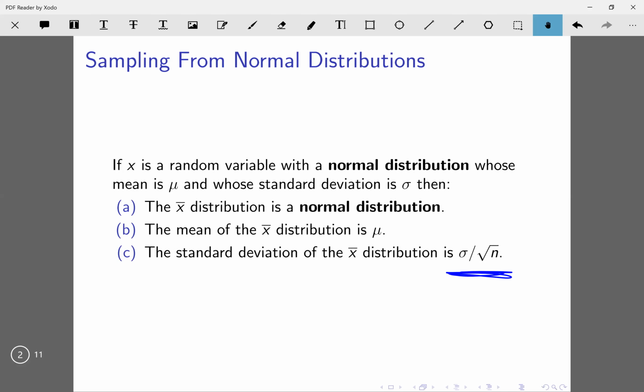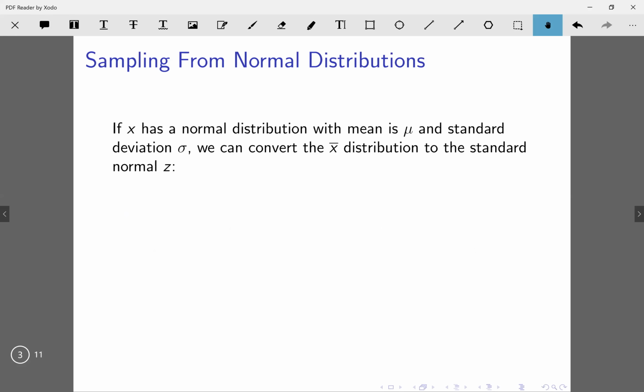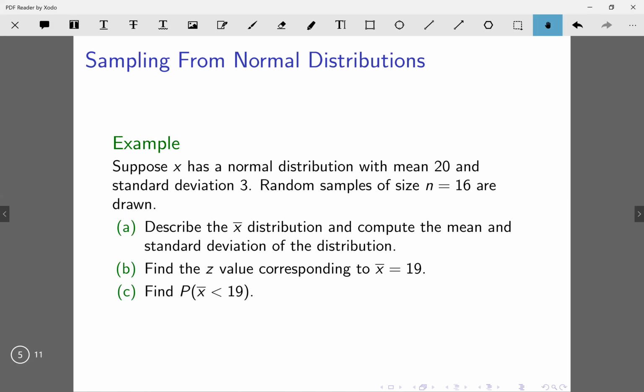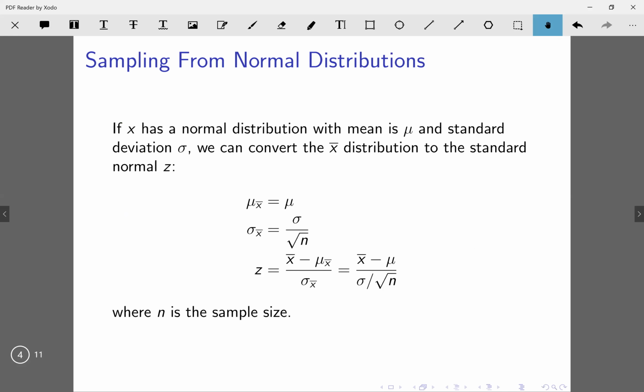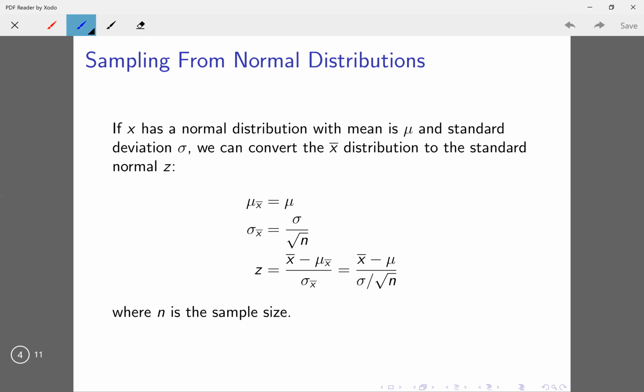Okay, so let's elaborate a bit more. What is this telling us? It says that if we have a normal distribution, let's say it's men in the United States, and we're looking at their height, and we take a sample of size n, then the standard deviation has gotten smaller, as we see right here, and the mean has stayed the same.